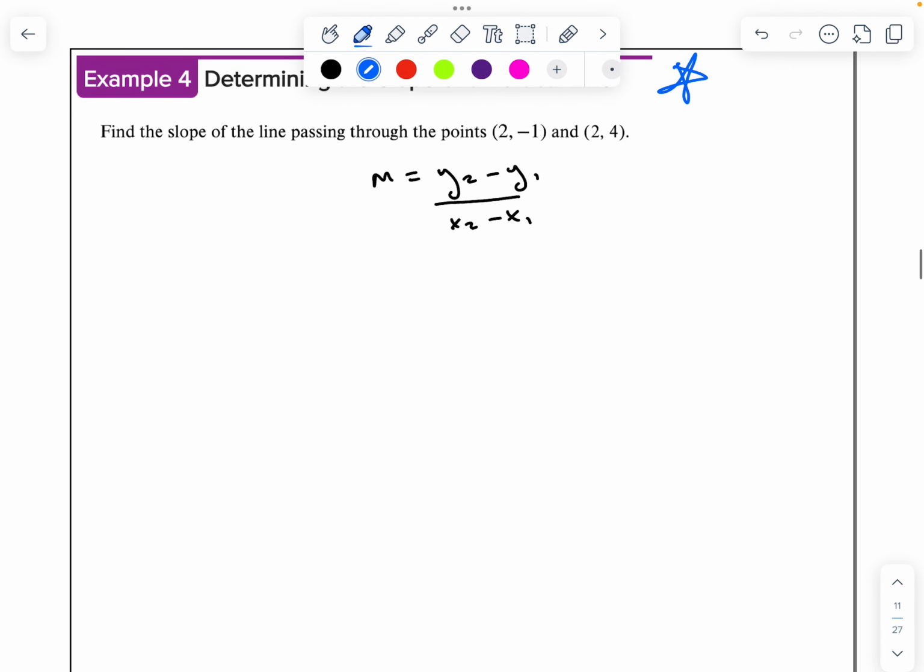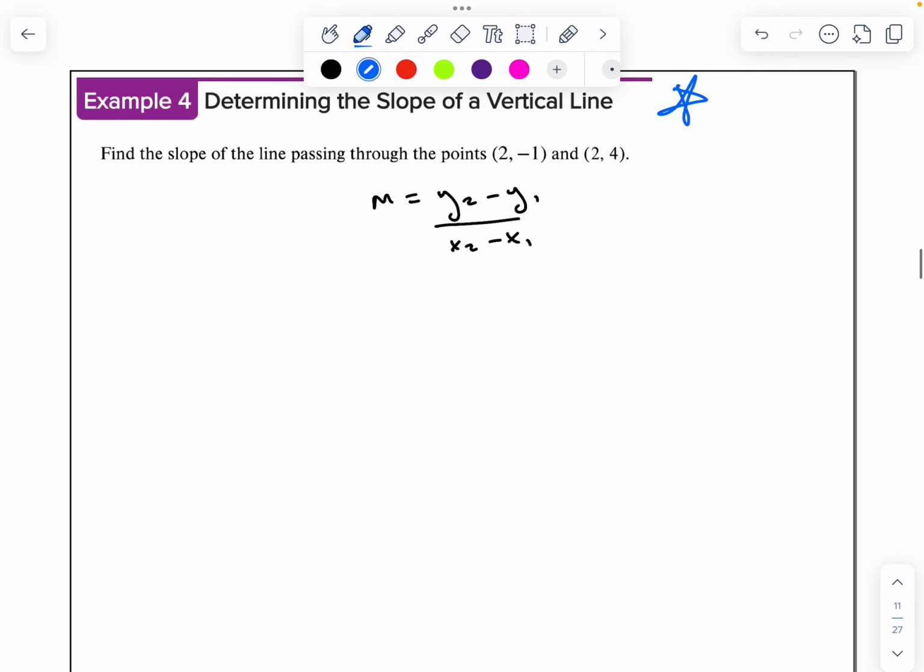Let's try this one. This one's going to be a little bit different. So if we sub in y2, again, this is x1, y1, x2, y2. If we sub in y2 minus y1 over x2 minus x1, we get 5 over 0. And since you cannot divide by 0, this is something I always tell people to trust their calculator.